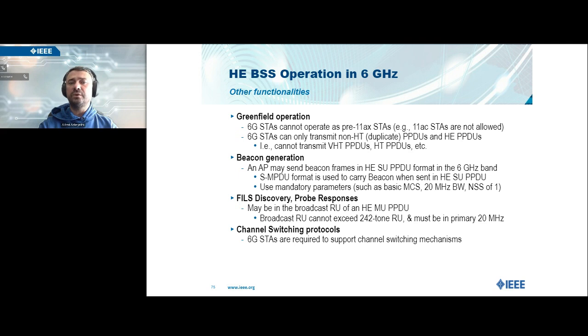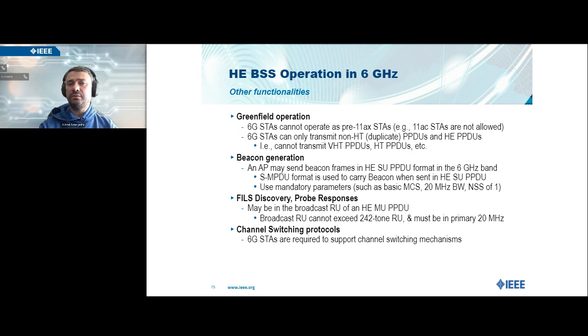Similar considerations for FILS discovery and the probe responses. These frames can be carried in a broadcast RU of an HE MU PPDU, but also in this case, they have to be located in an RU that can be decoded by all the stations in the BSS, which is essentially the primary 20 megahertz.